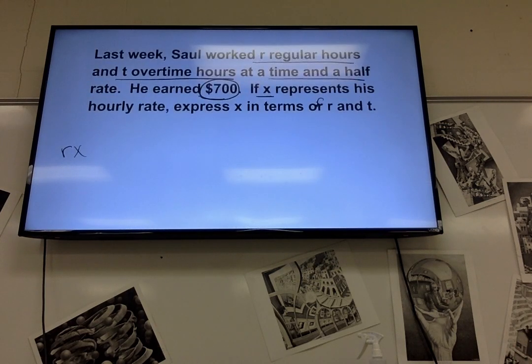So plus T hours times 1.5X. And that should equal how much he earns. Nothing wrong with leaving it like that. A lot of times, though, we put the number in front.